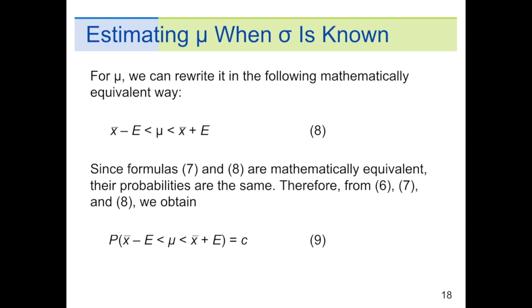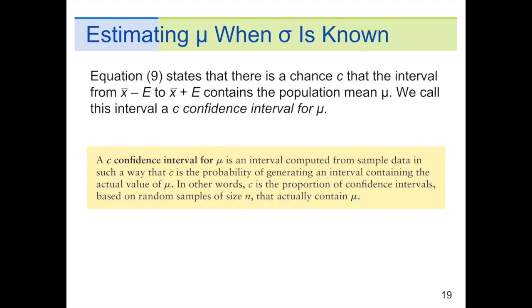Therefore, from equation 6, equation 7, and equation 8, we obtain that the probability that mu is between x bar minus E and x bar plus E is c. Equation 9 states that there is a chance c that the interval from x bar minus E to x bar plus E contains the population mean mu. We call this interval a C confidence interval for mu.